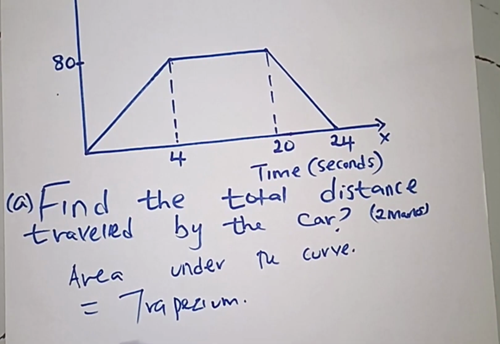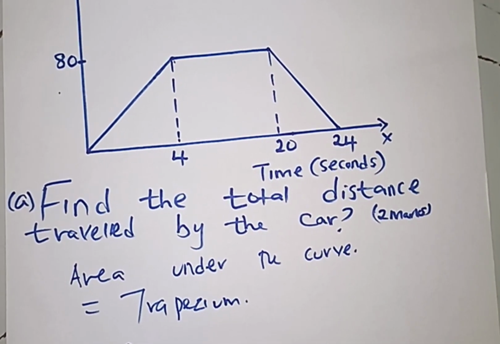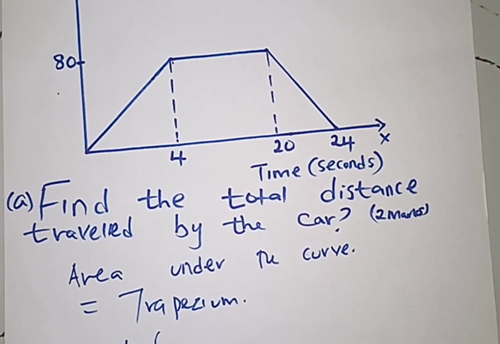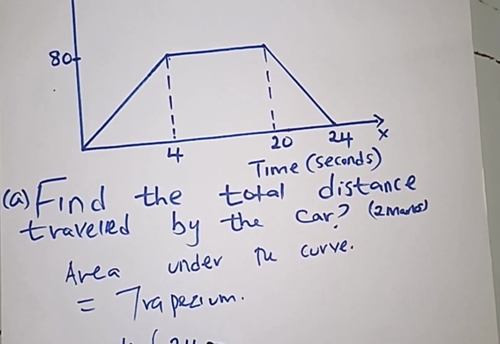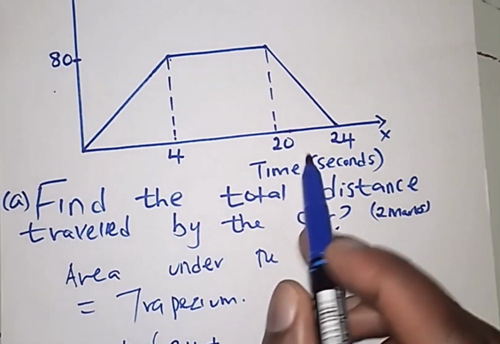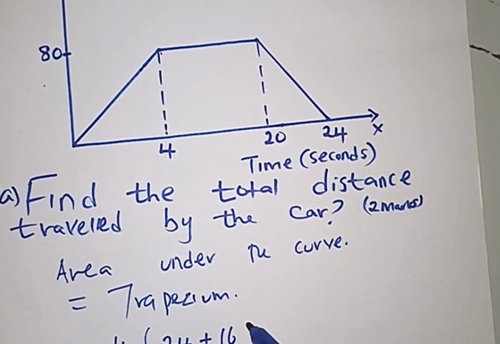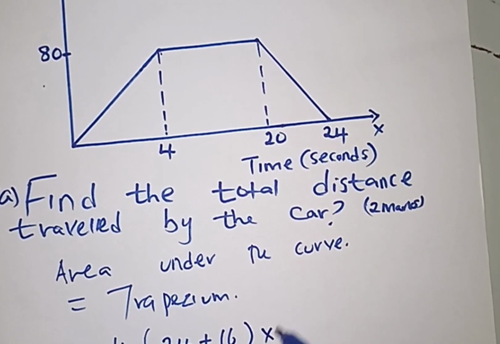In this case, these are trapezia. And how do we get the area of a trapezium? It's half a plus b times height. So in this case, we have the base as 24 and the other length as 16.